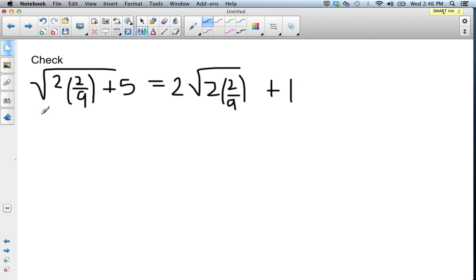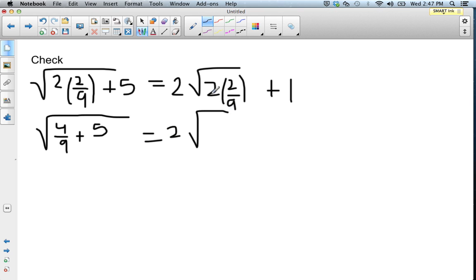Okay, so on the left side, let's start simplifying. 2 times 2 over 9 is 4 over 9 plus 5 equals 2 times square root of, again, 2 times 2 over 9 is 4 over 9, plus 1. 4 over 9 plus 5, we need a common denominator here.